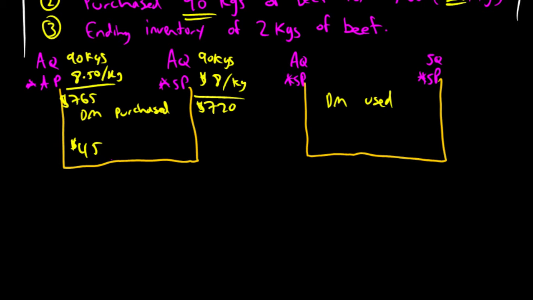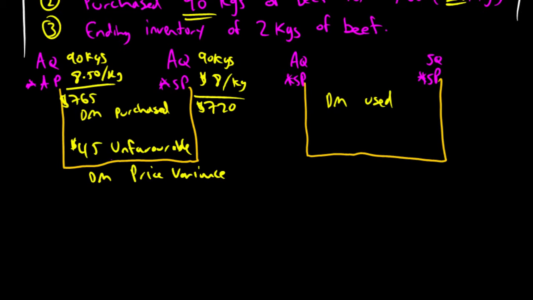We say, is it favorable or unfavorable? Well, he should have paid $720 according to standards. He actually paid $765 according to what actually happened. This isn't good. He paid a little bit too much. This is an unfavorable variance. And we call this the direct materials price variance.